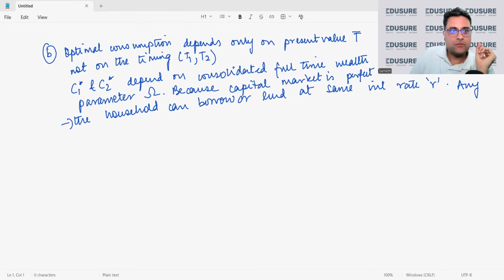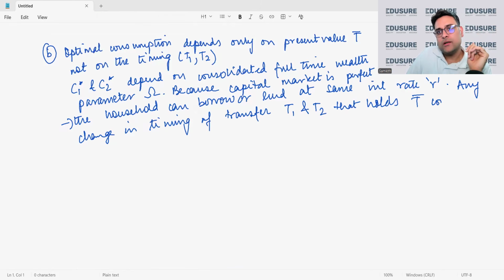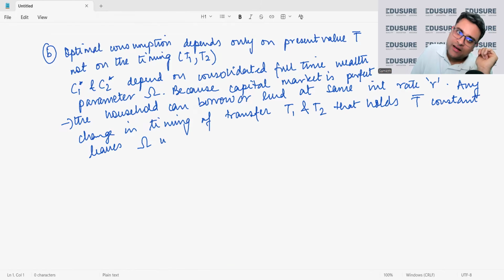Any change in timing of transfer, any change in the timing of transfer T1 and T2 that holds T bar constant leaves my omega unchanged.